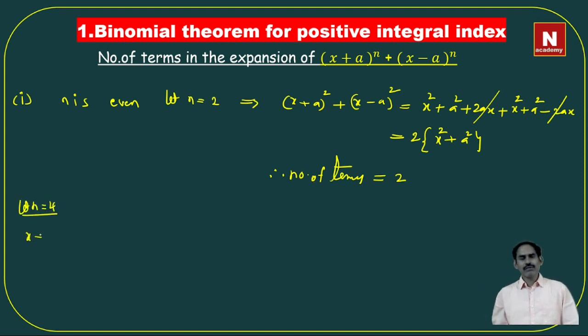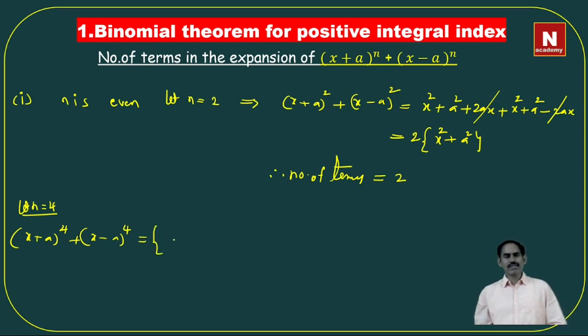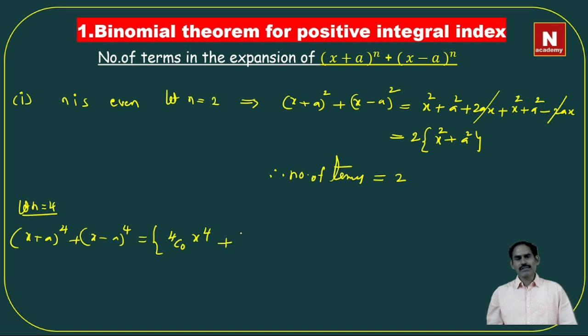(x + a)^4 + (x − a)^4. What are the remaining terms? According to our previous discussion, we need not expand all. Directly, this will be 4C0 x^4, next plus all even suffixes, 4C2 x^(4−2) a², and the last even number is 4C4 x^0 a^4.